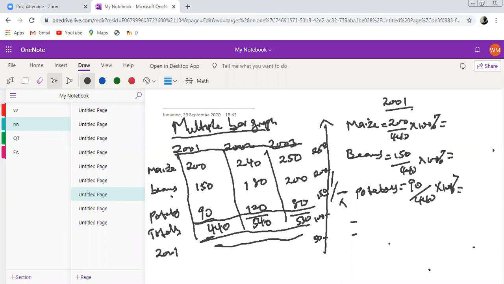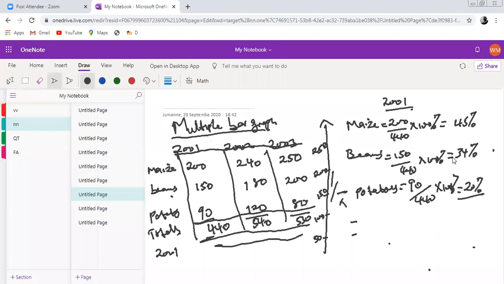Somebody do this for me, and somebody else this, so that I can demonstrate. 200 over 440 times 100. 45%. Thank you. What about the second one? 150 over 440 times 100. 34%. What about for potatoes? 90 over 440? 20%.